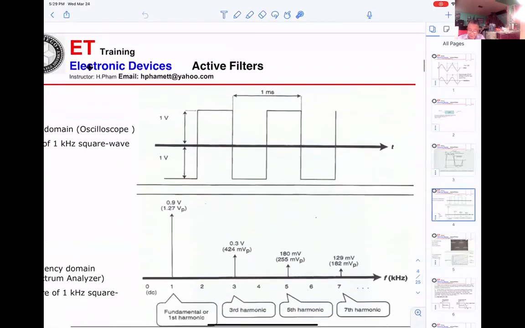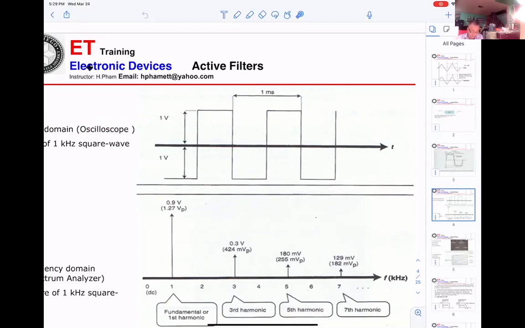Now, if you're looking at the square wave displayed on the oscilloscope, you get a square wave from -1 to +1 volt, with 1 millisecond period for 1 kilohertz frequency.